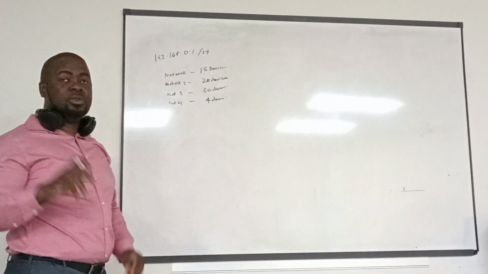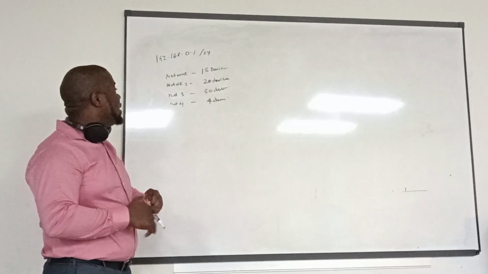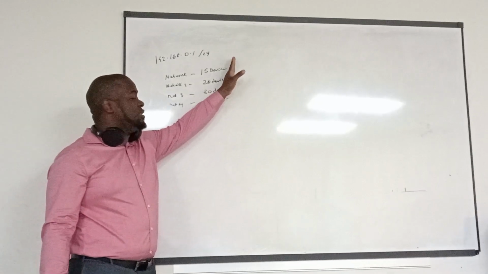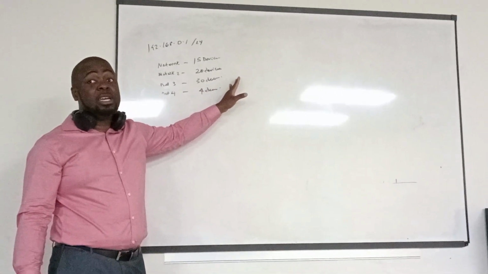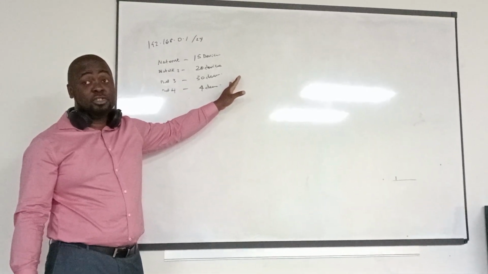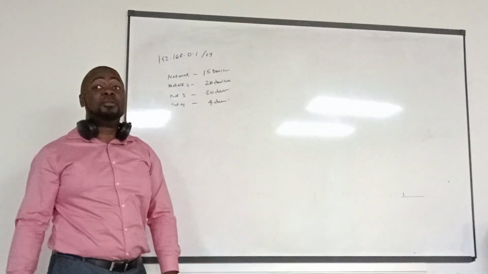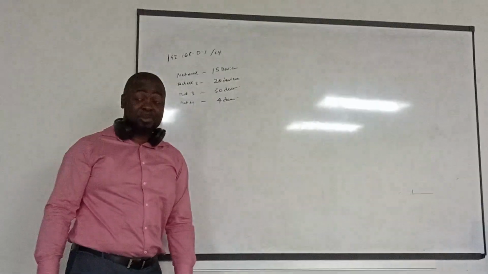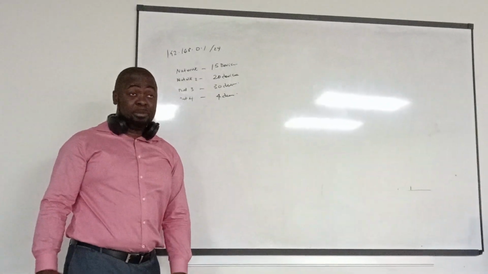The first thing you want to do in this situation is this. The number of devices is not equal to the number of IP addresses. The number of devices only tells you the number of usable IP addresses, right? I'm sure you understand that.